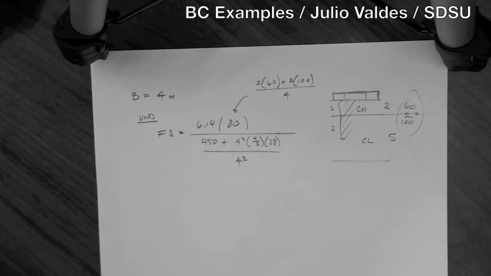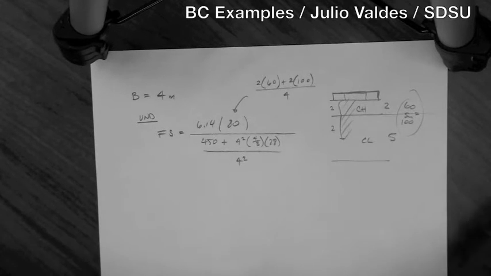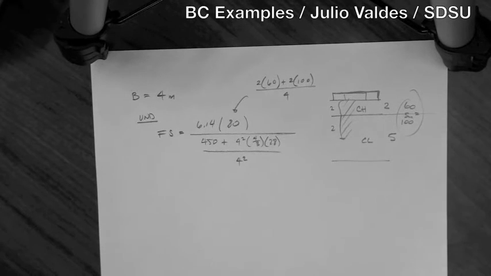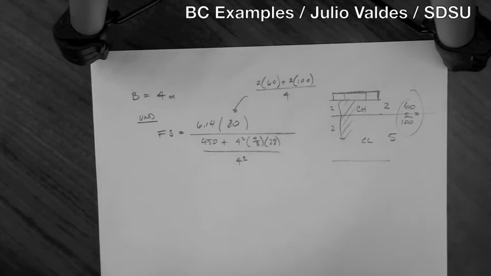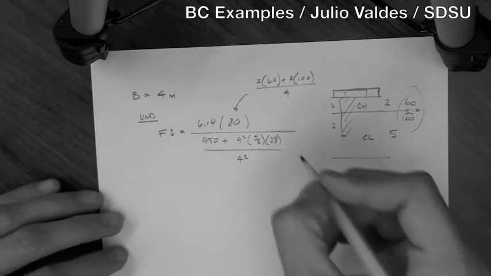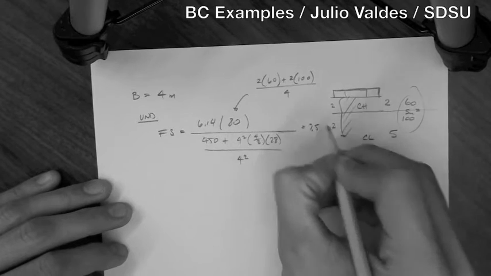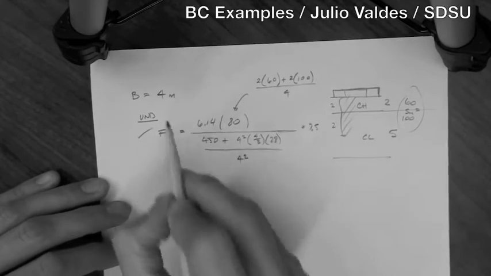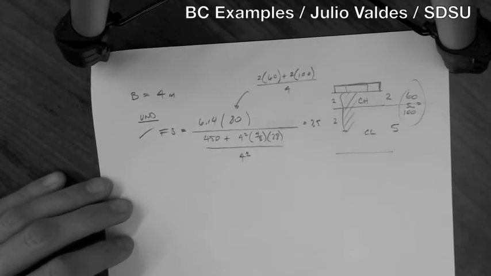So what we have here is 7.5. So clearly that works because it's larger than 3.